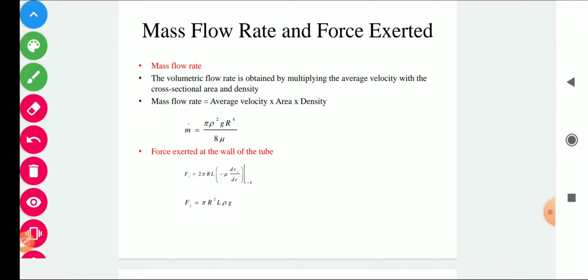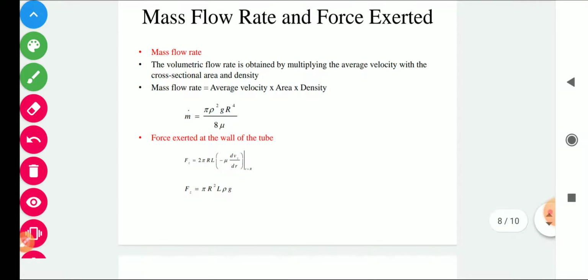For calculating mass flow rate, the mass flow rate is equal to average velocity into area into density. The unit of average velocity is meter per second. If you multiply it by area, it will give meter cube per second, and again if you multiply it by density, then this meter cube will be cancelled out and it will be equal to mass per unit second.